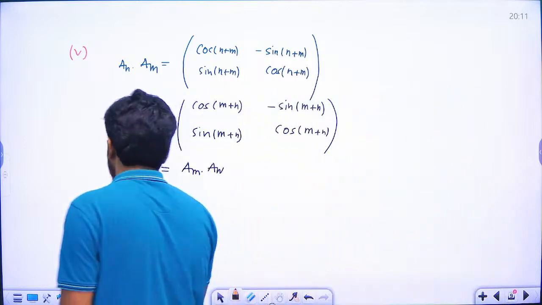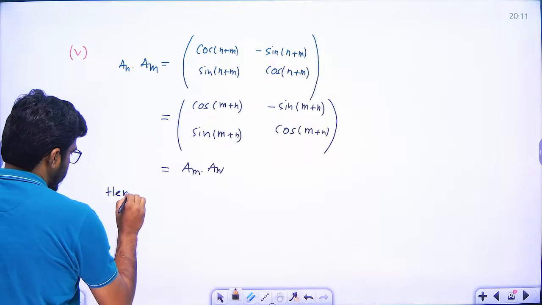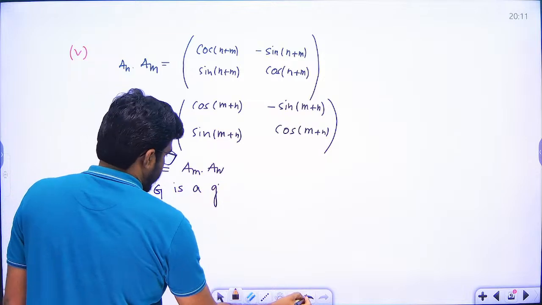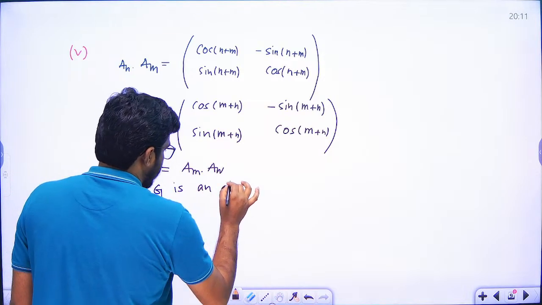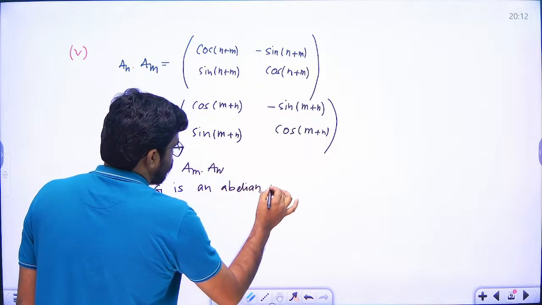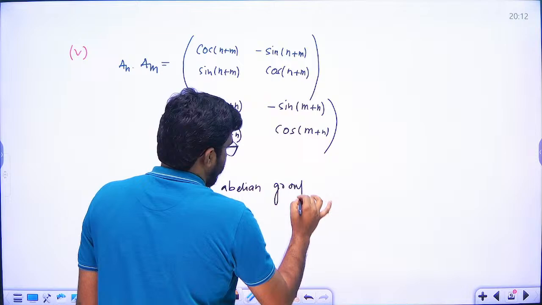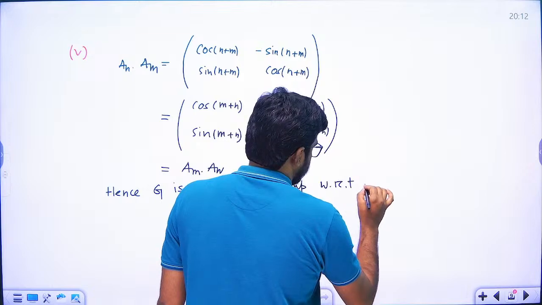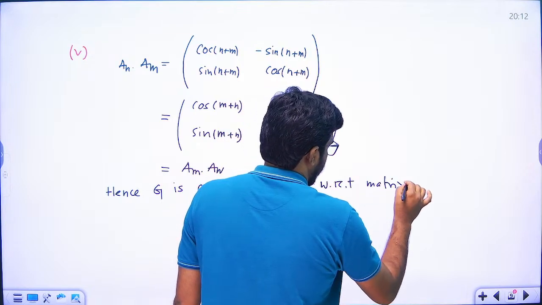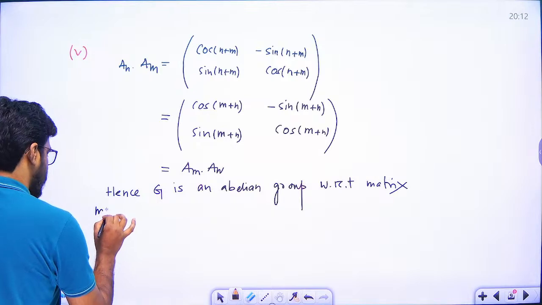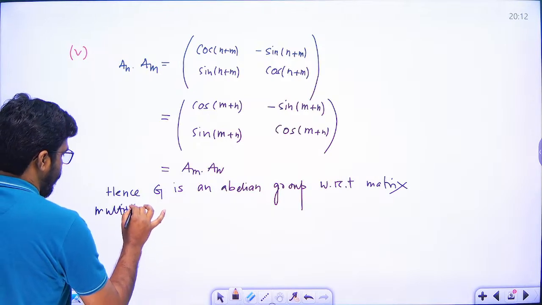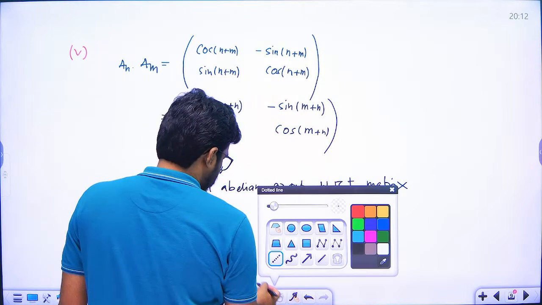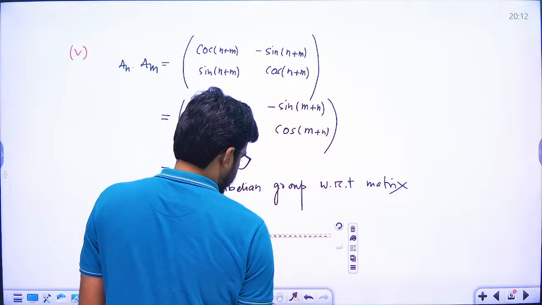Hence G is an abelian group, or commutative group, with respect to matrix multiplication. Hence G is a group with respect to matrix multiplication.